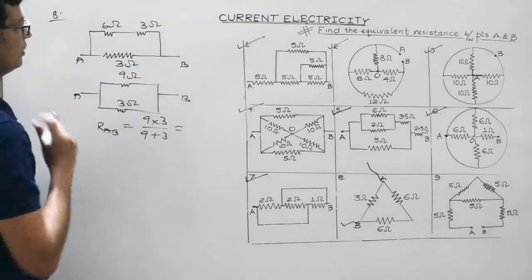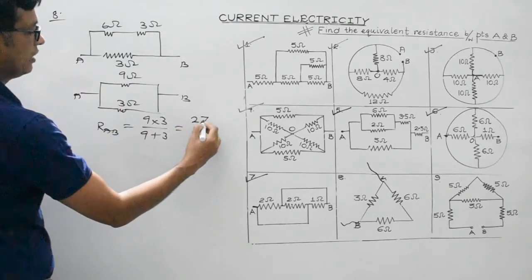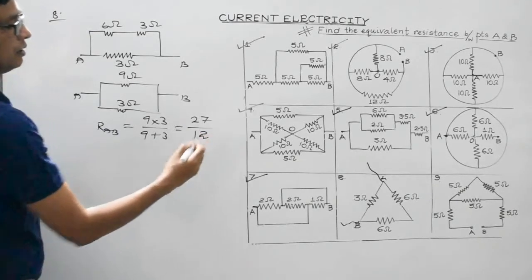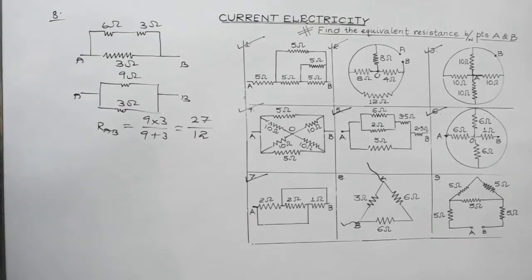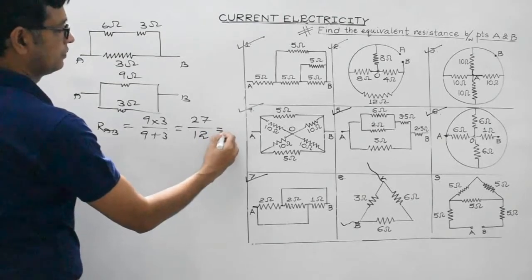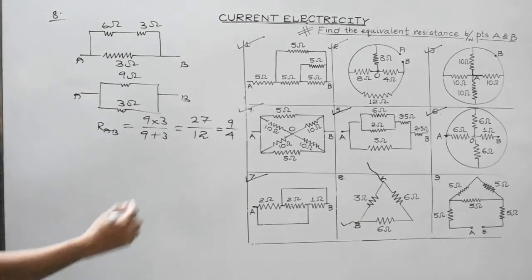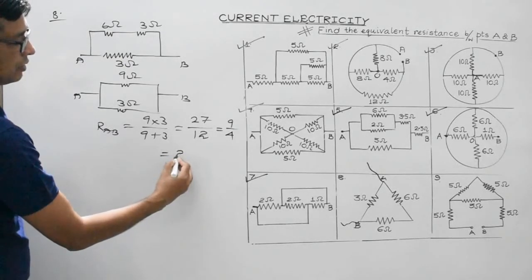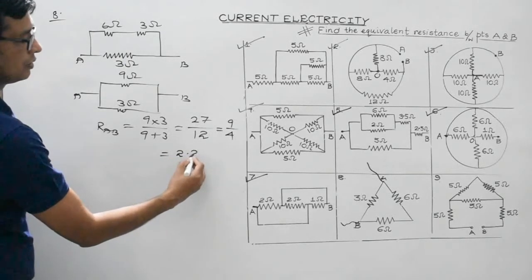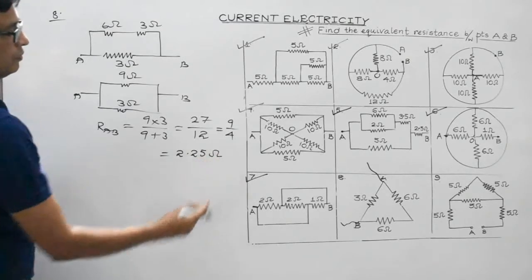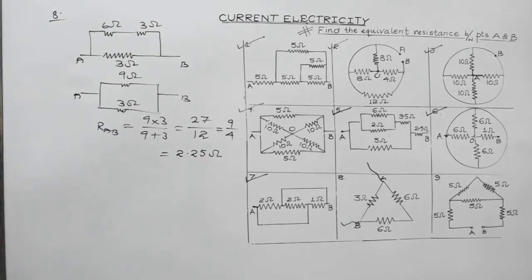So that will give us 27 divided by 12. So that will further give us 9 by 4. So that will give us 2.25 ohm. This is the equivalent resistance between the points A and B, right?